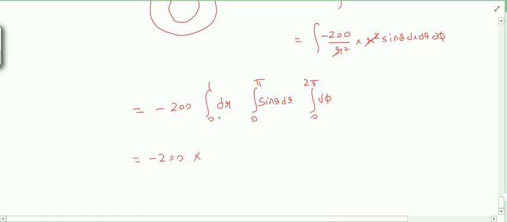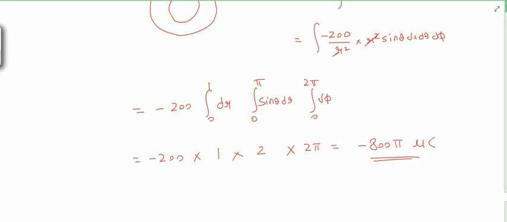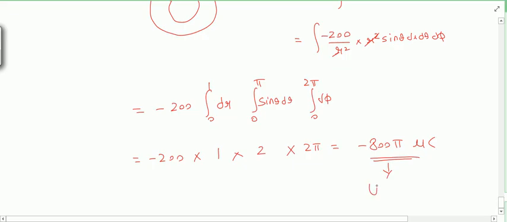If we solve this, this will come as 200, this will be 1, this will be 2, this will be 2 pi. So it is 2 into 2, 4 pi, 4 into 2 is minus 800 pi microcoulombs, the charge present in this surface, and that will be the net flux crossing the surface of r equals 1 meter, right? So easily you can find out the net flux, that is minus 800 pi microcoulomb, right?